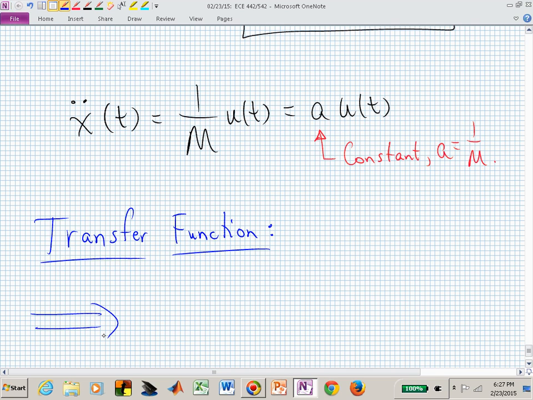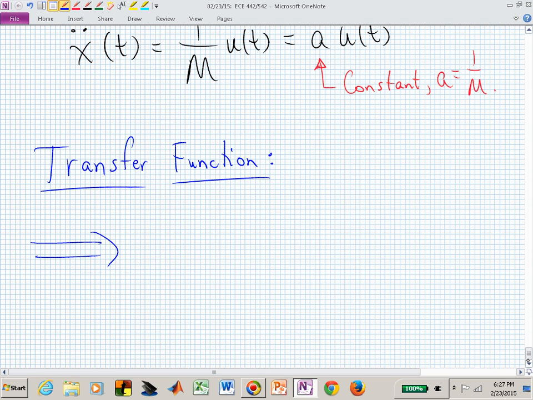What's the left-hand side look like if we Laplace transform the second derivative? Each derivative gives rise to what in the frequency domain? An s. And we have two of those. So now we have s squared, and we're taking little x of t into the frequency domain, so we'll replace that with capital X of s.